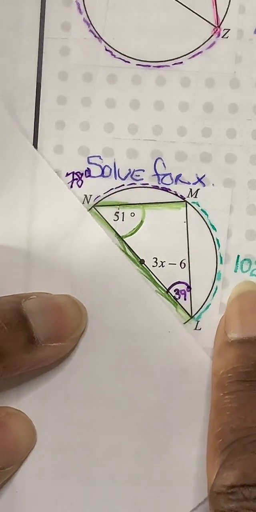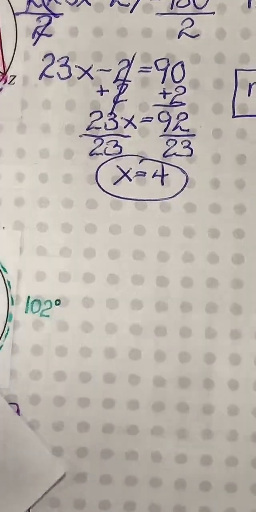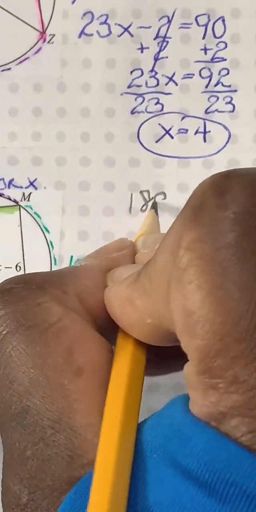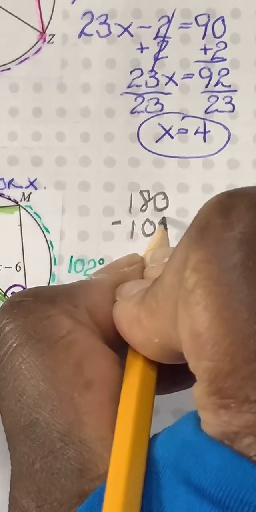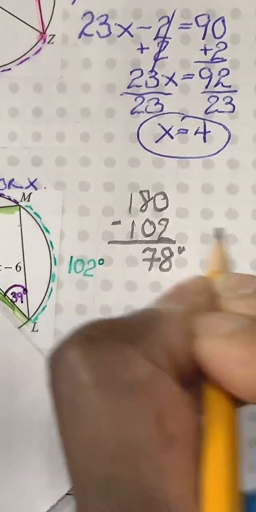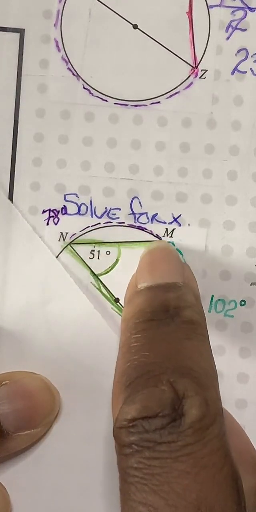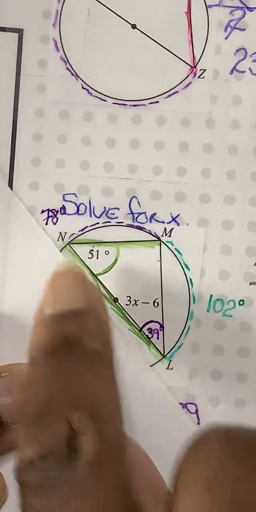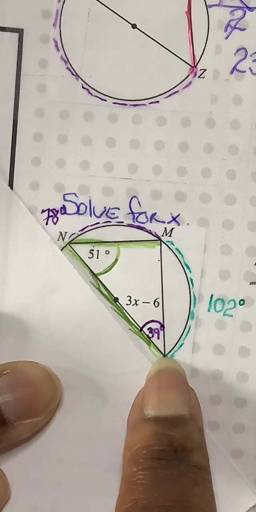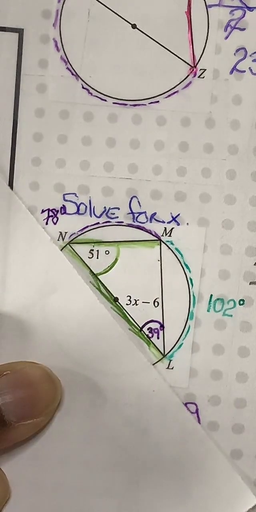So take the 180, minus the 102, and we get our 78. So that's the measure of this arc right here. The whole thing's supposed to be 180. We got part of it that's 102. So what remains is this part, and that's our 78. Okay, awesome.